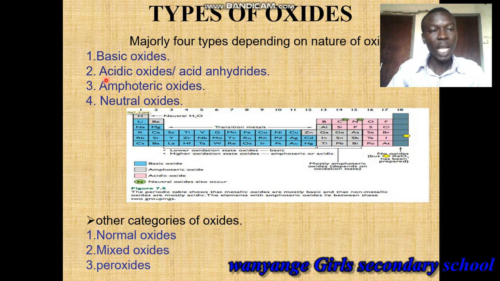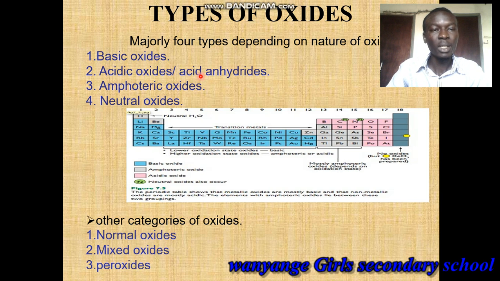Then we have acidic oxides. Acidic oxides have a special name, acid anhydrides. This name is specifically for those acidic oxides which can dissolve in water. Acid anhydrides are oxides of non-metals which dissolve in water to form acids.